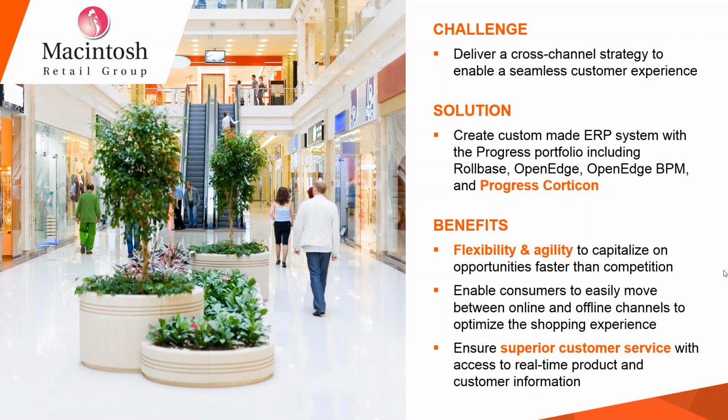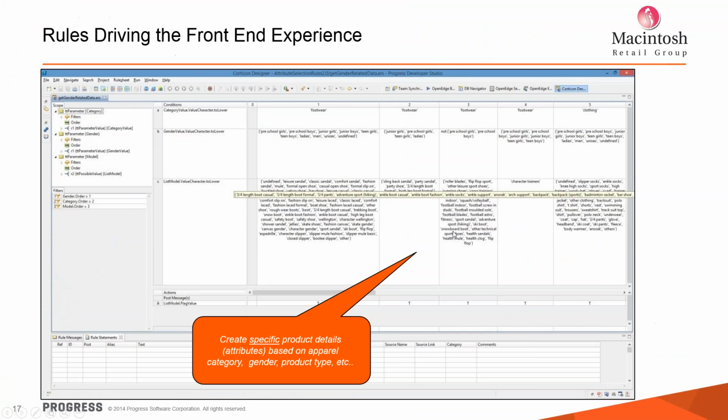So across the different channels that people can go and shop for different products, how do you create a cross-channel strategy that provides a very seamless experience across all those channels? And if you flip to the next slide, Mike, this is a real example of the rules that these guys had.